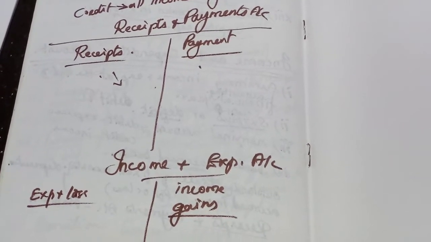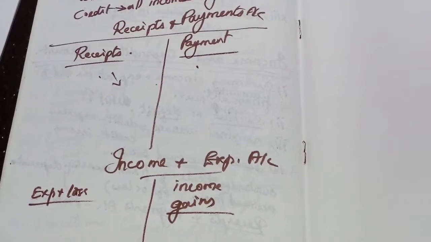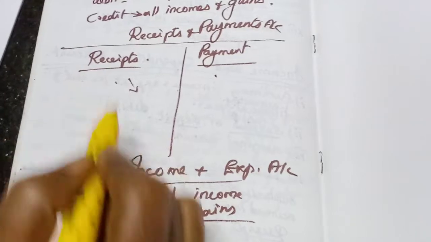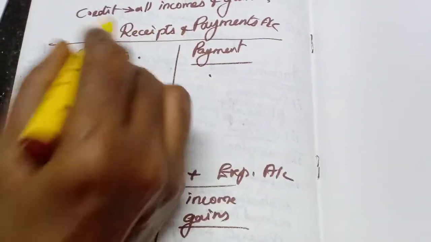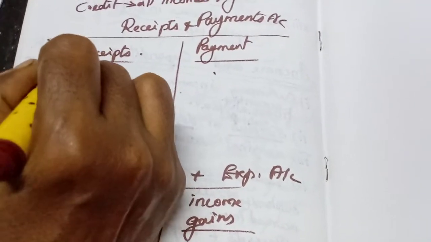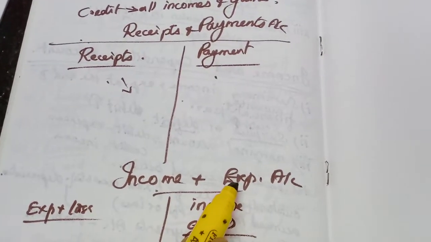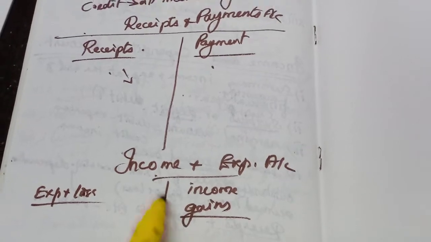Here we should first see the steps in preparation of the income and expenditure account. What is the first step? Before that, I will show what is shown in the receipts and payments account. This will be given as the problem. You have to prepare the income and expenditure account to find the surplus or deficit.